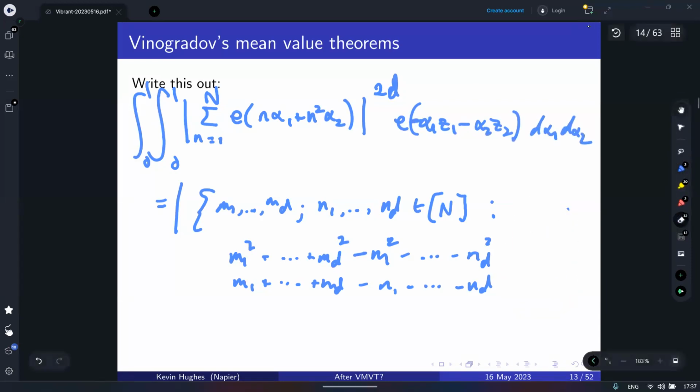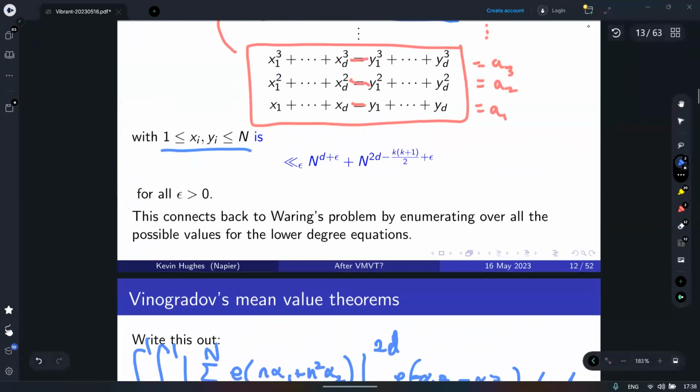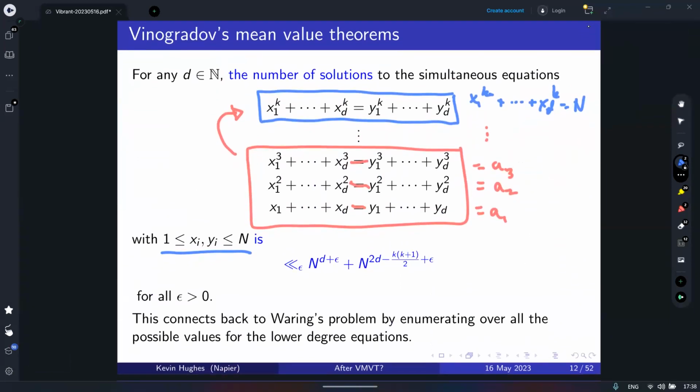And then that changes this to be z1 and z2 respectively. Okay. So this is the mean value theorem because you're looking at the mean of this exponential sum to some power. And these bounds up here are as sharp as you can get, up to a factor of n to the epsilon.